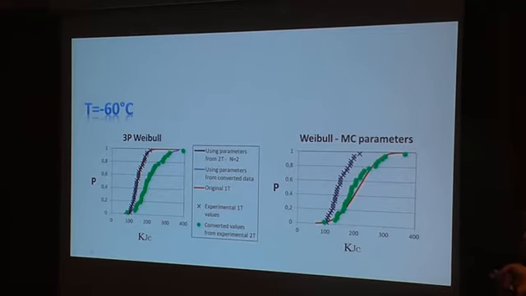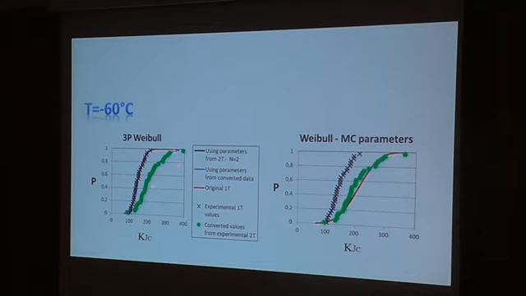For T equal minus 60 degrees, for the three-parameter Weibull and also for the master curve, there is an important difference between the original 1T size given by the black crosses and the original in other size, in this case 2T, converted to 1T size, using three-parameter Weibull and also using the equation given by the ASTM standard for the master curve.